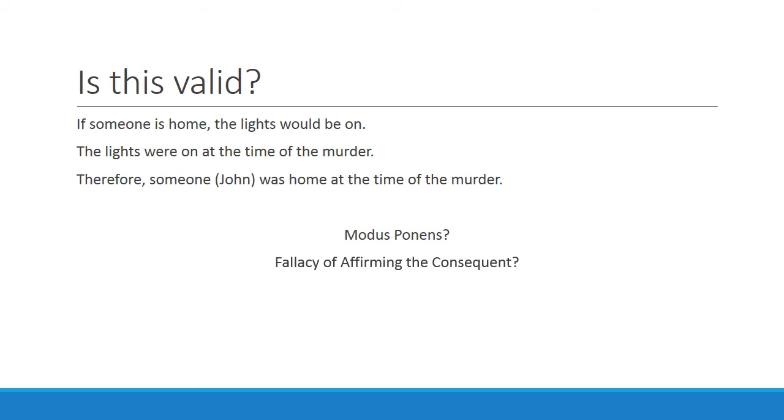Okay, so let's call someone is home H, and the lights would be on L. If we do that, then this is how it would read. If H, then L. Then the lights were on at the time of the murder would just be L. Therefore, H. So going back to the conditional statement, if H, then L. H is the antecedent, and L is the consequent.